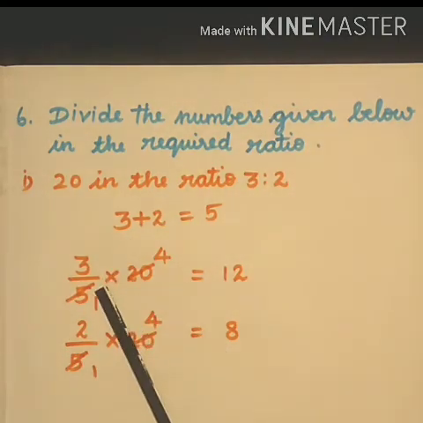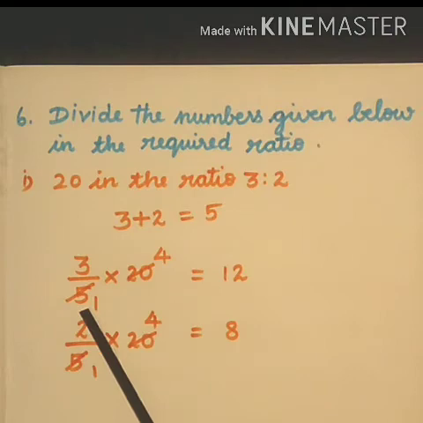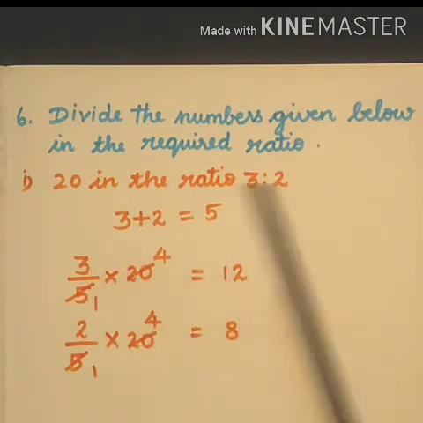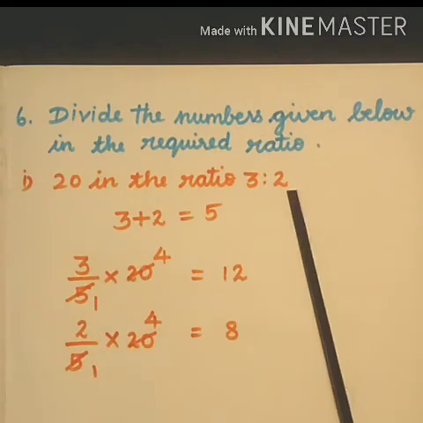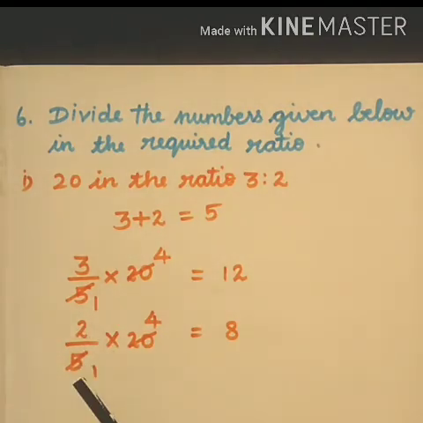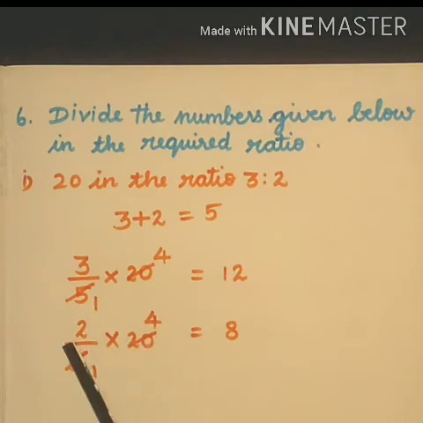In denominator you have to write the total parts multiplied by whole part, that is 20. 5 1s are 5, 5 4s are 20. 3 4s are 12. Then put 2 in the place of numerator, 5 in the place of denominator. 2 is the given ratio, 5 is the total parts, into that whole part 20. 5 1s are 5, 5 4s are 20. 2 4s are 8.